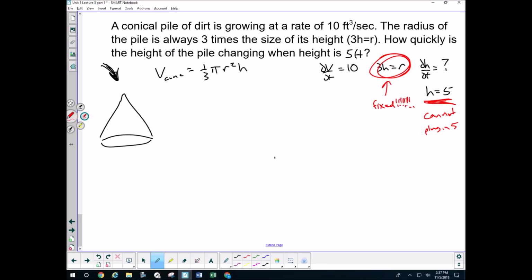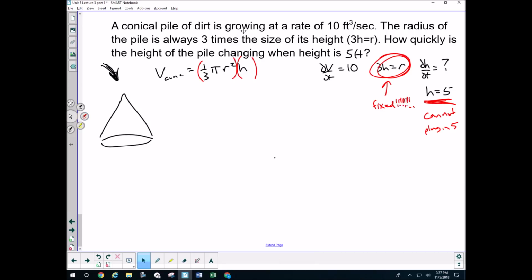And I could use this and take the derivative of this. But if I took the derivative of this right as it stands, I'd have to use the product rule. It's going to be messy. And we'd have to throw in, after taking the derivative of that, a bunch of dH/dt's and dr/dt's and stuff like that.